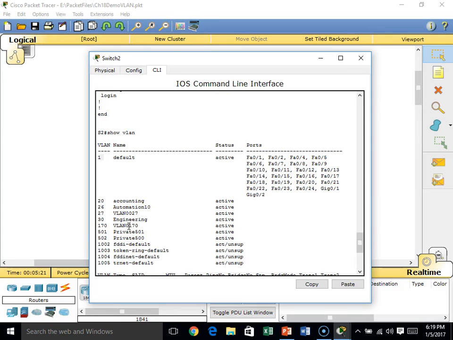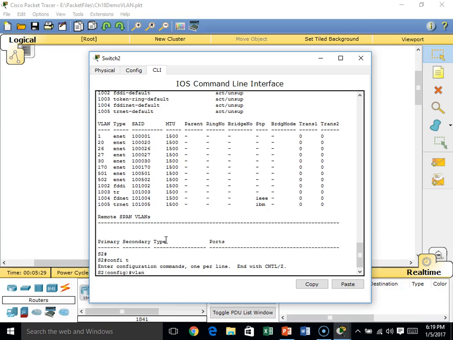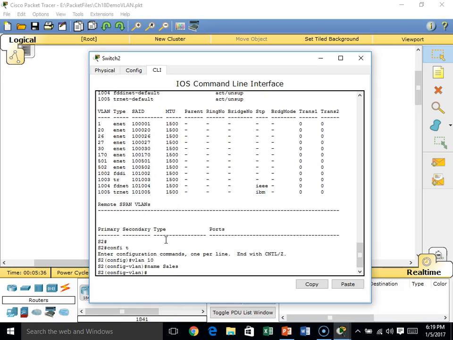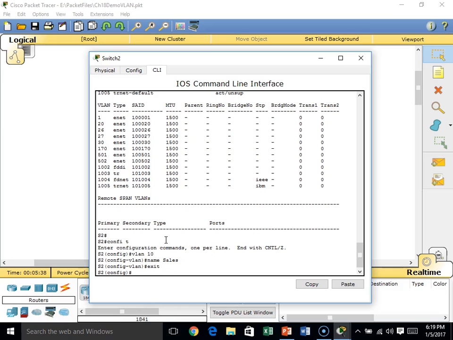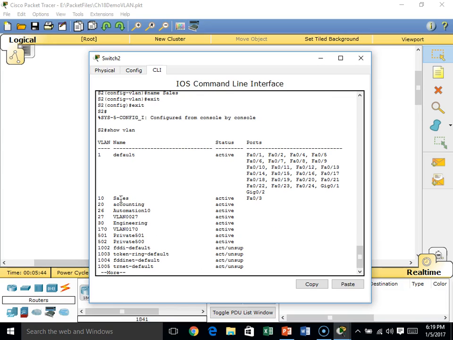We can fix that, and what's really kind of cool is, I think once we fix that, it's going to automatically be on VLAN 10. So we go config t, VLAN 10, name, and I think it was sales. And we show VLAN, and now we have 10.